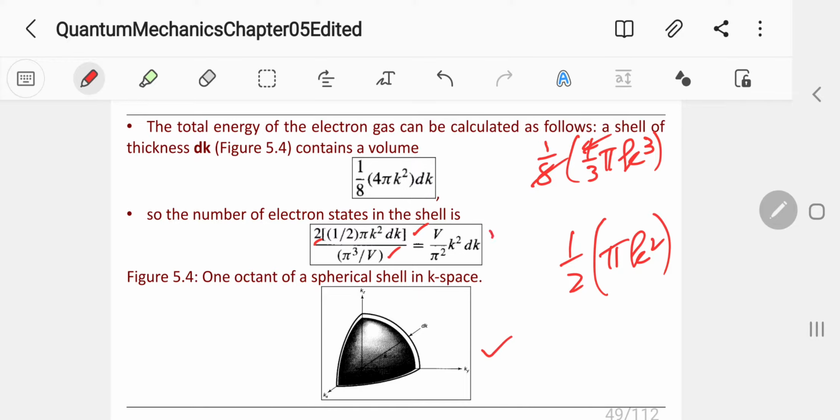So this is now the total number of electron states that can be added or maybe subtracted as the radius k changes.